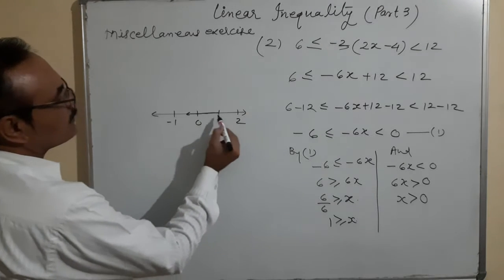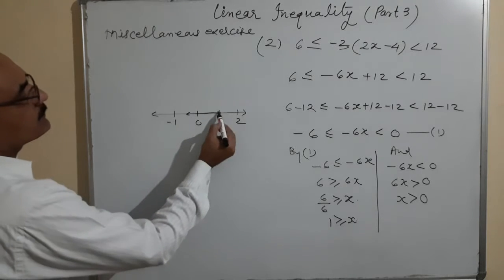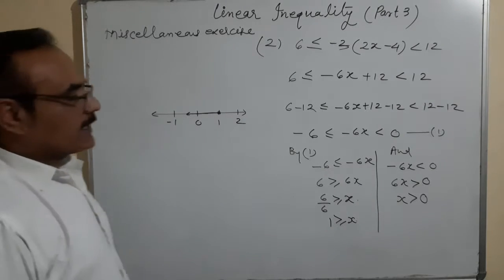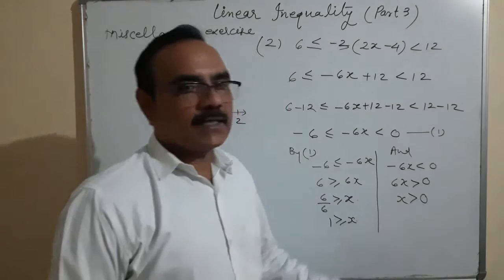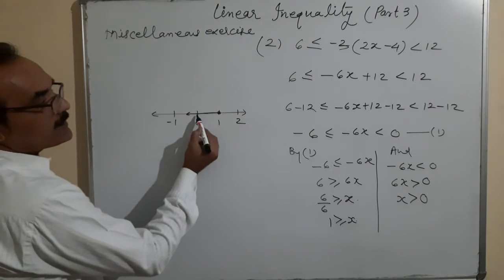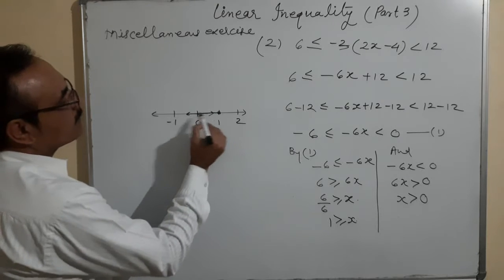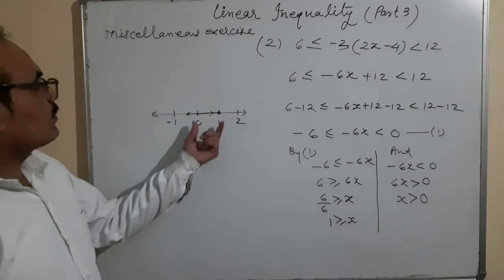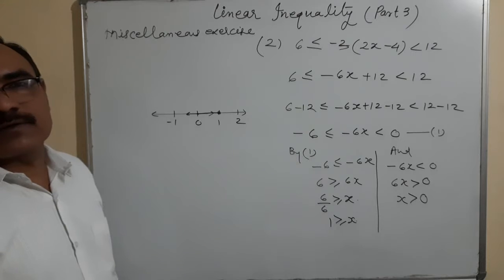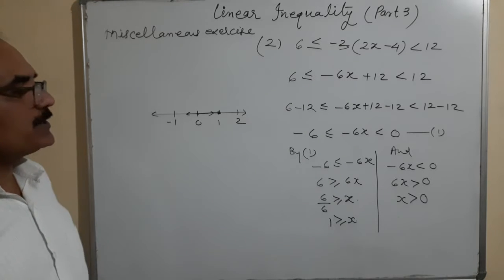That is also included. Second, x is greater than 0, so that side. So what is the common portion? The common portion is between 0 and 1.